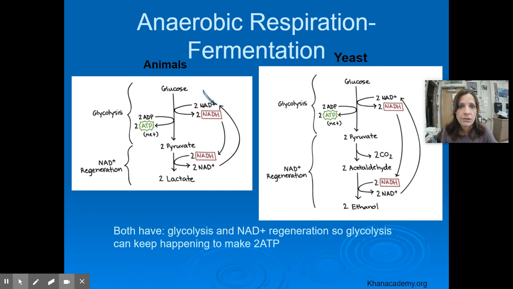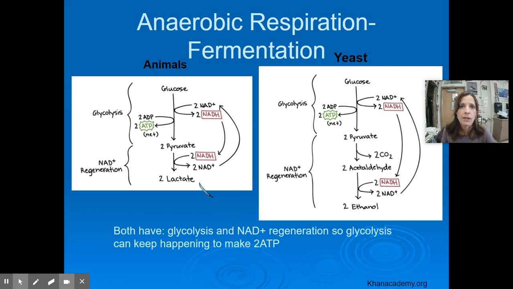So here are the two examples of fermentation. Animals like you do lactic acid fermentation, and you've probably all felt this before, where your muscles start to burn. What's happening is you're building up lactic acid because your cells themselves aren't getting enough oxygen.